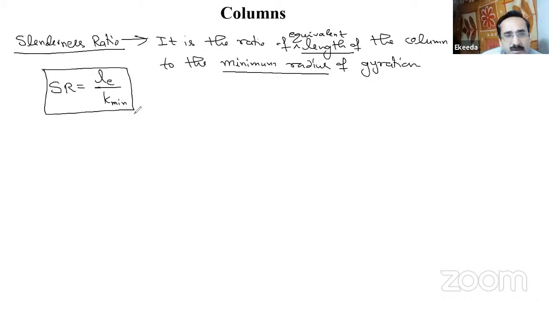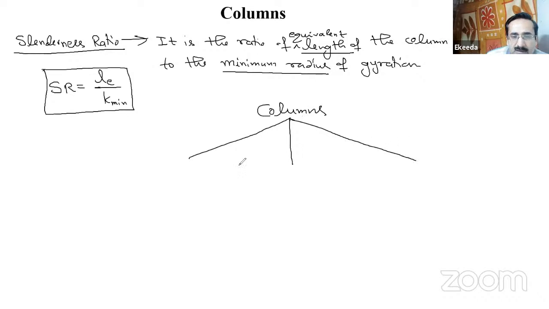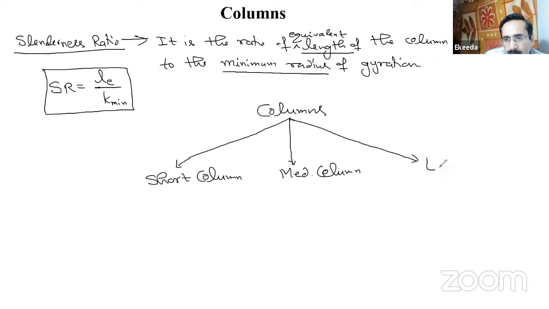Based on the slenderness ratio, we can divide columns into three divisions. First is the short column, then medium column, and then long column. We will mainly deal with the long column in this chapter. For a short column, the slenderness ratio should be less than 32.